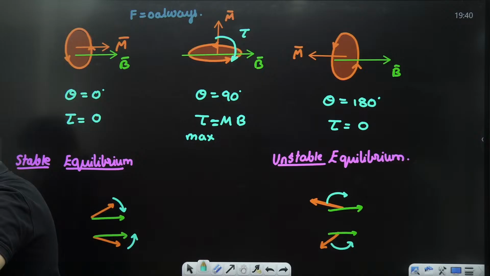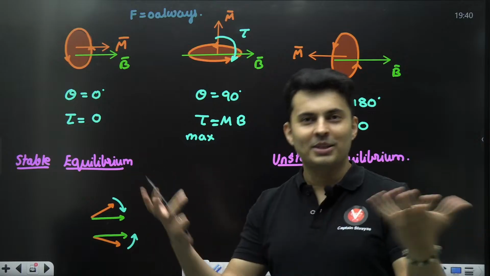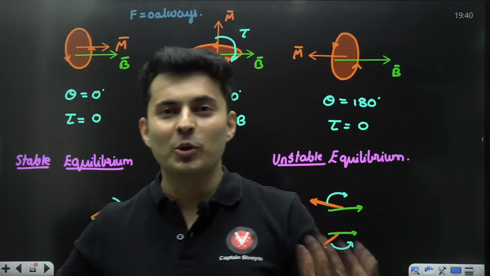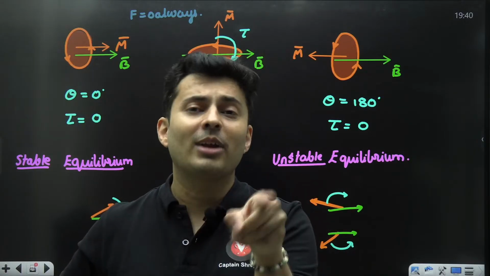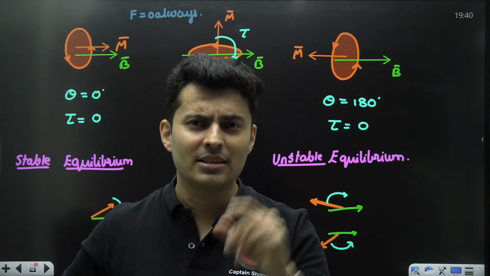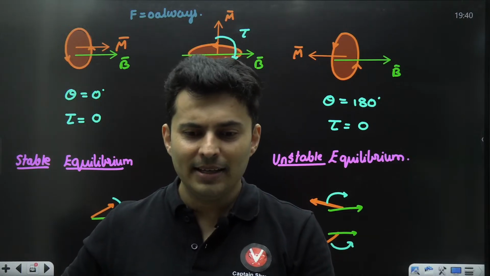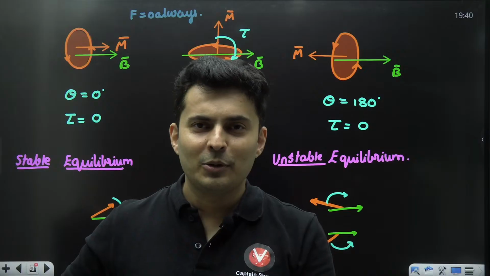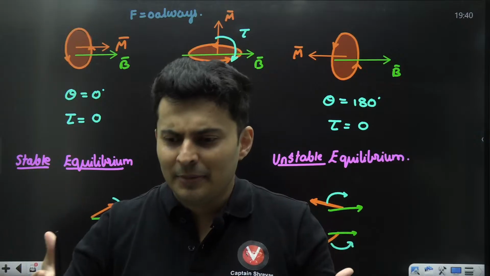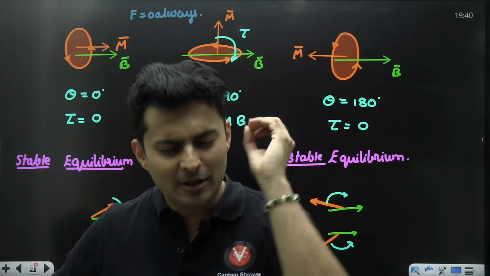Why opposite in electrostatics and magnetism? There is no real reason for it. It's just how things are happening as a coincidence. Like even the electrostatics law is K Q1 Q2 by R square. Gravitational law is G M1 M2 by R square. So there is similarity in gravitation and electrostatics. So maybe when God made this universe, he had to make things with a mind, as in, okay, I had this idea in mind for gravitation, so I'll make this for electrostatics.